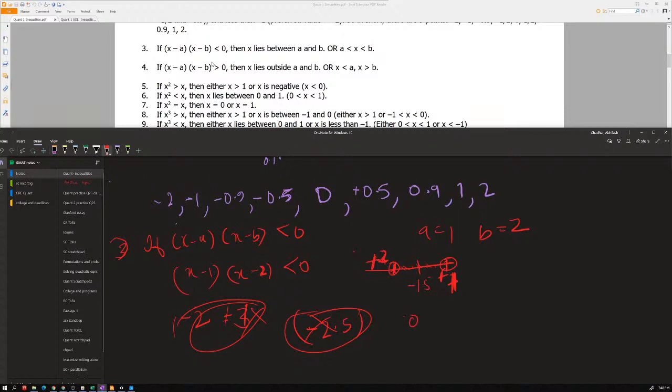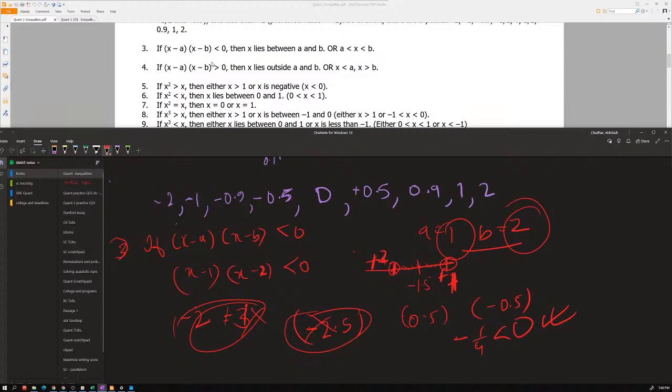So 1.5 minus 1 becomes 0.5, and 1.5 minus 2 becomes minus 0.5. Then this will become minus 1 by 4th, right? So this is less than 0, which is right. So only when x is in between 1 and 2, this will hold up.